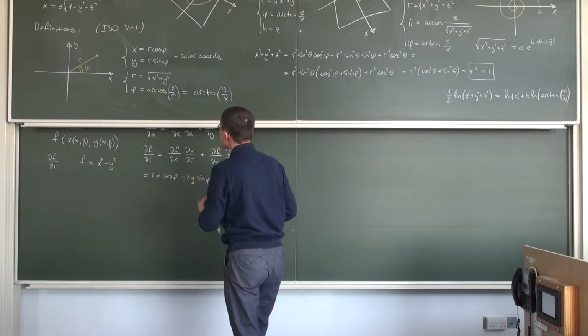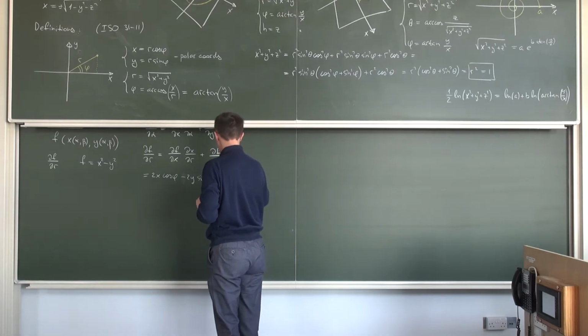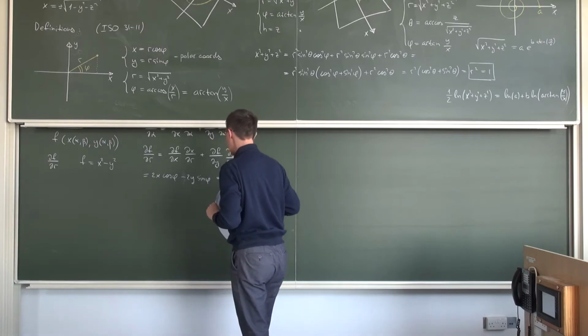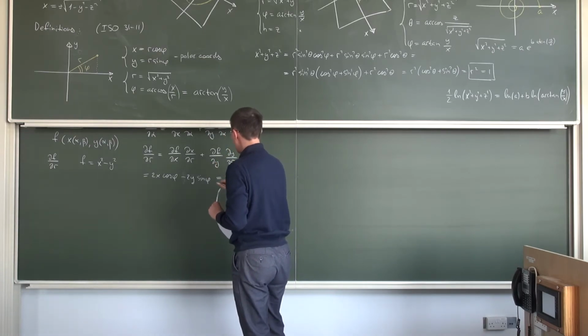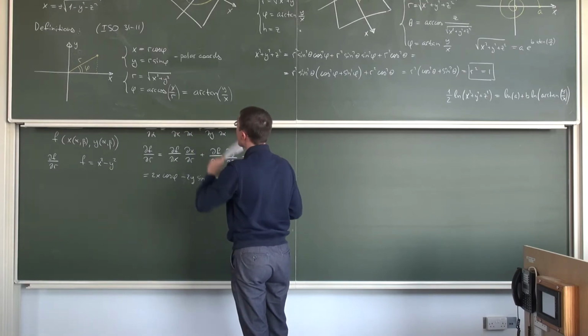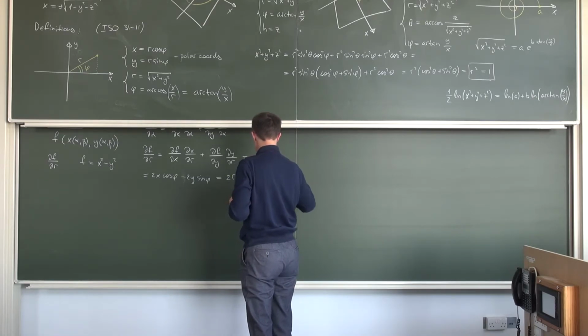So our x is r cosine phi, so we have 2r cosine squared phi. And then we have minus 2y, and y is r sine phi, and so we have 2r sine squared phi.